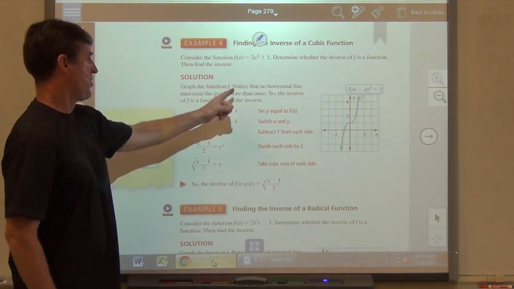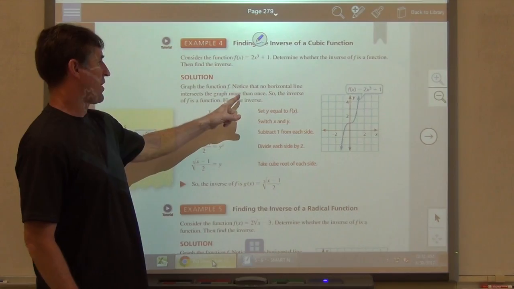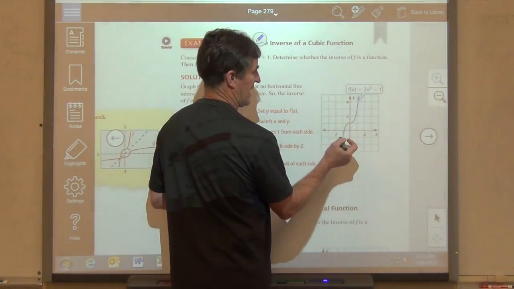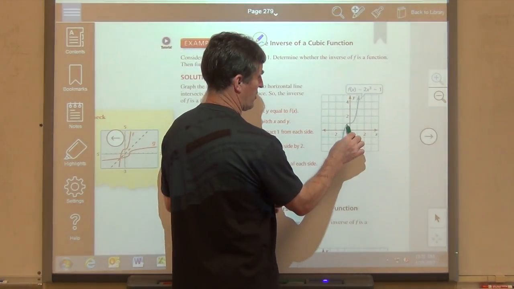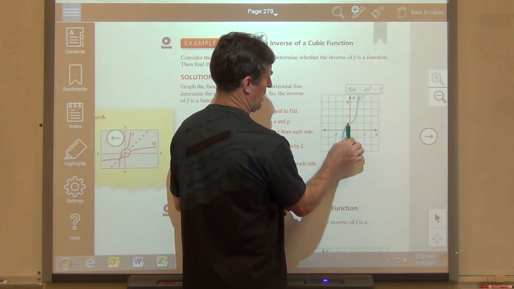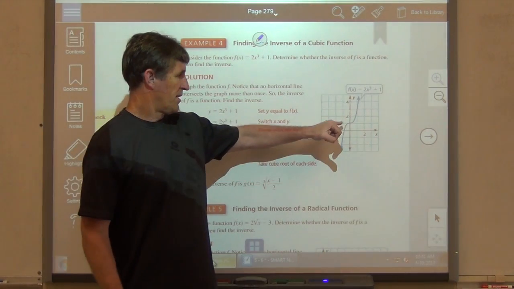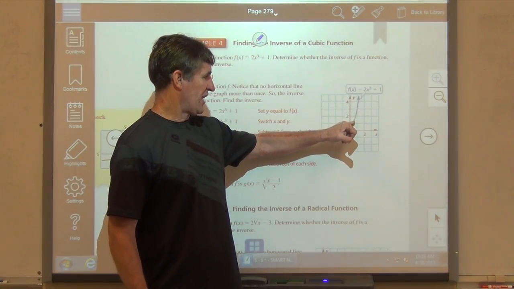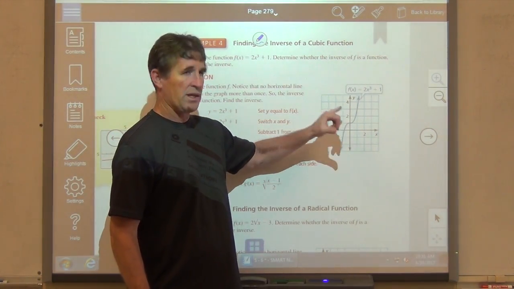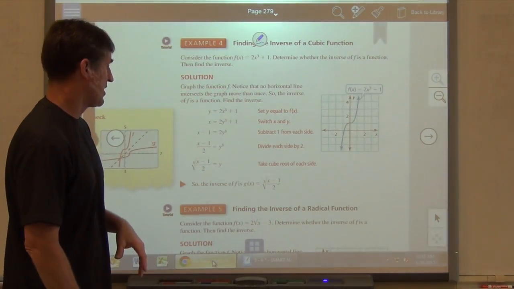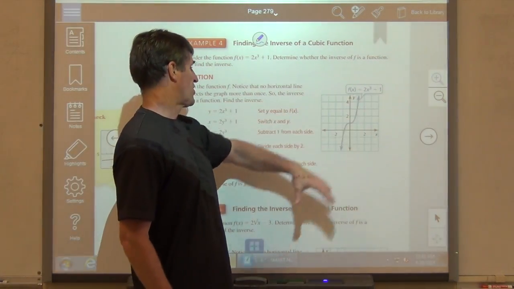It says, notice that no horizontal line intersects the graph more than once. It's hard because lines have thickness and it looks like it flattens out here. But it's coming up and touching 0 and then it's slowly climbing. It's just very little increase here and very little increase here, so it kind of looks like it's flattening out, but it's not. So that would be a function.